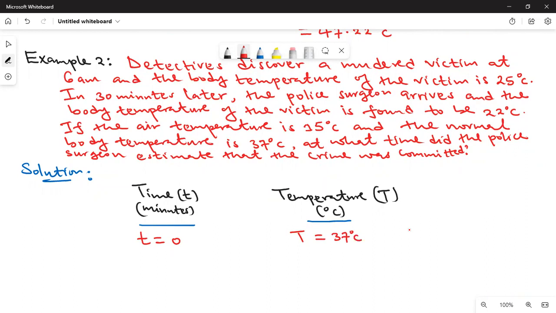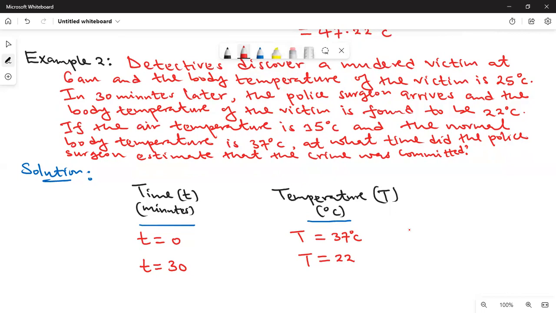After 30 minutes, the police surgeon arrived. So when time is equal to 30, the temperature was found to be 22 degrees centigrade. And you need to write that.